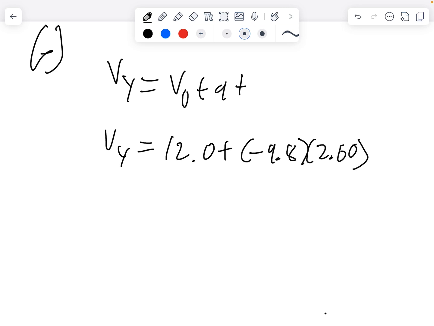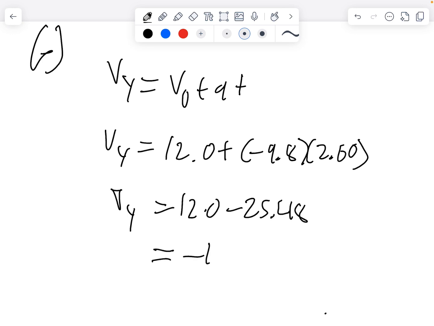Pretty much physics is just making sure that you know certain formulas and following them with the stuff you're given. So with that, that computes out to be negative 13.5 meters per second. That is what the velocity would be.